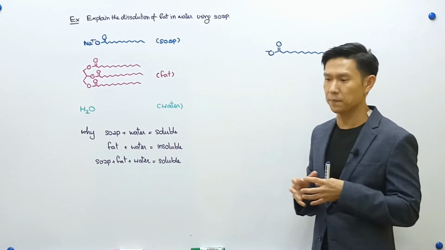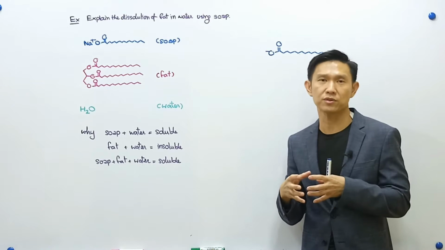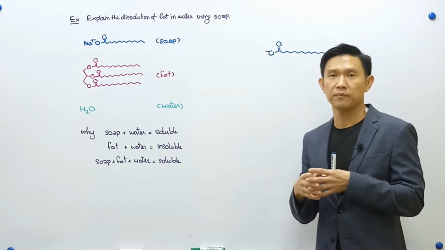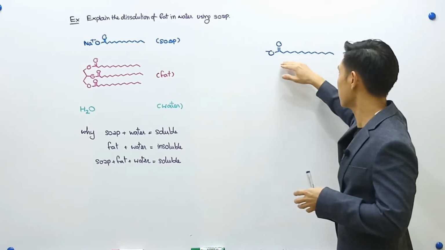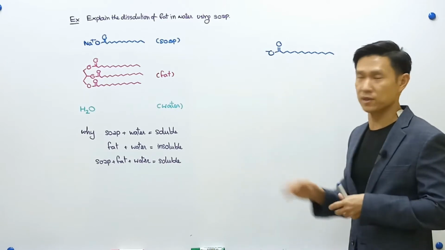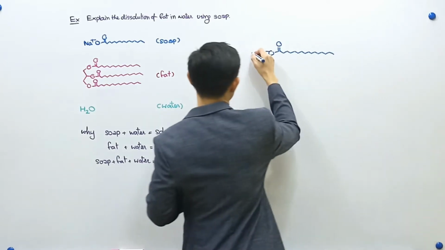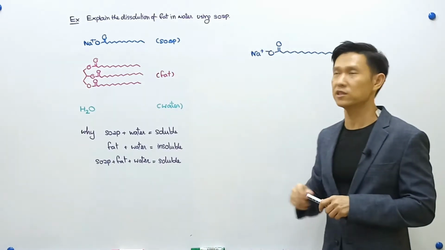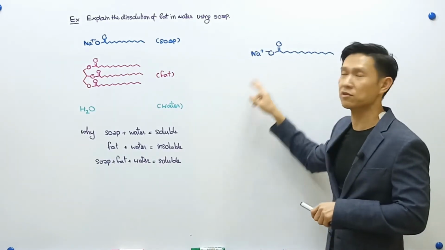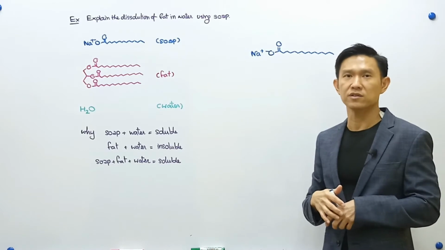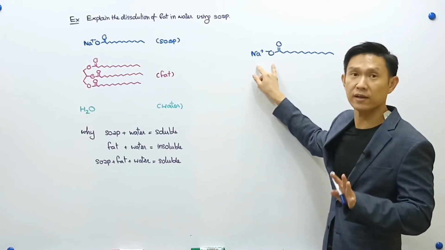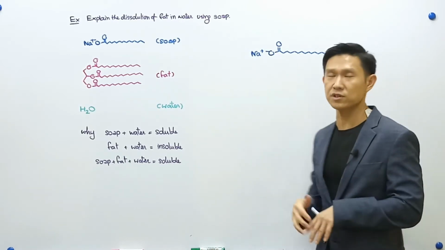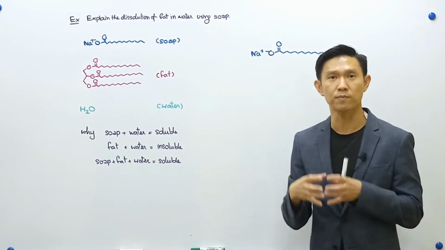So normally the soap bar, as you normally see, comes from the London force packing together, and on the left hand side you have sodium ion and carboxylate ion. This is very highly polar, so you have electrostatic charge, right? So you have ionic bonds and London force in the soap bar.